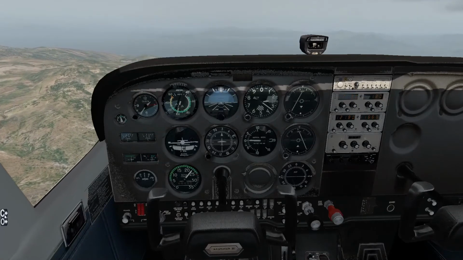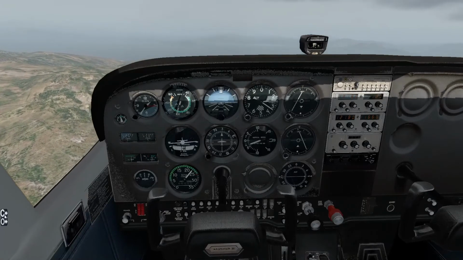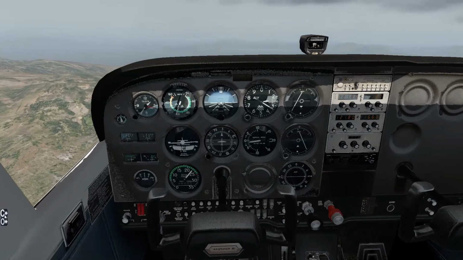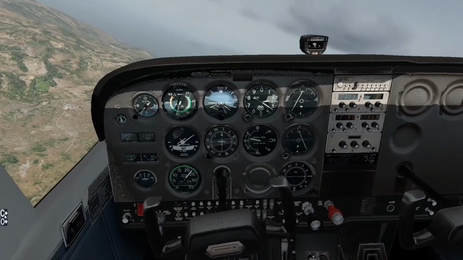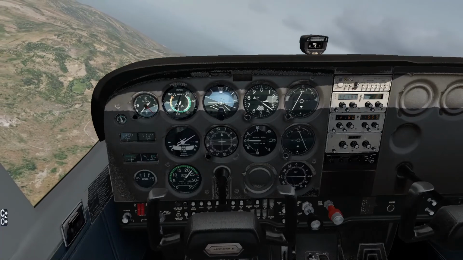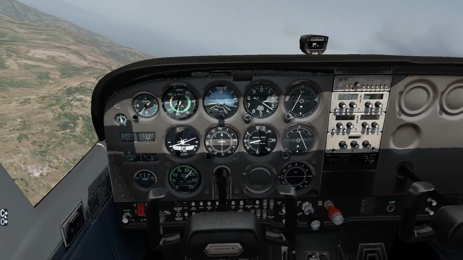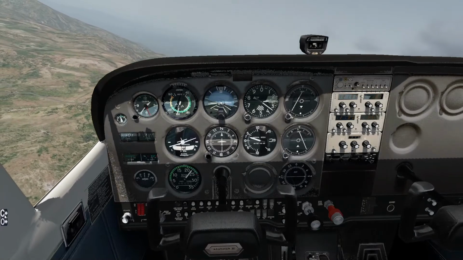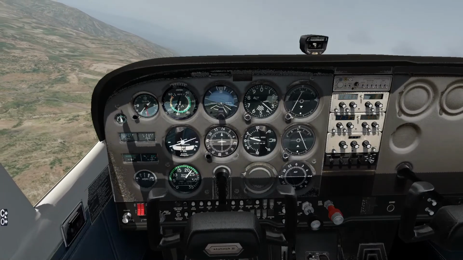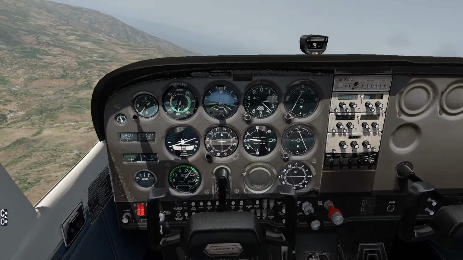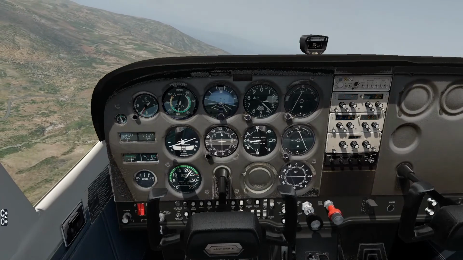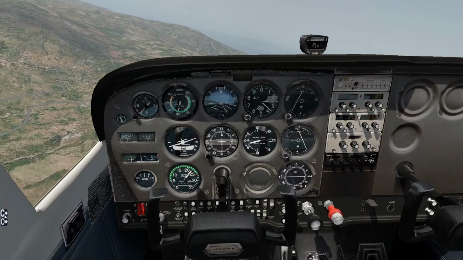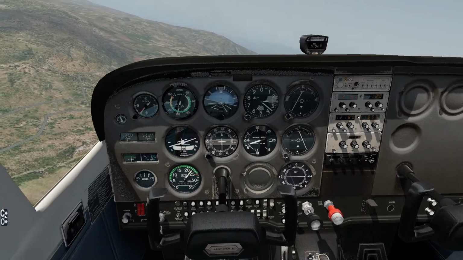Another concept that we should be visiting in this lesson is that of overbanking. The higher speed of the outer wing in a level turn will create extra lift on that wing. Up to a certain bank angle for this aircraft, due to the dynamic and static stability of the aircraft, it will have a tendency to correct its position and return back to level flight.